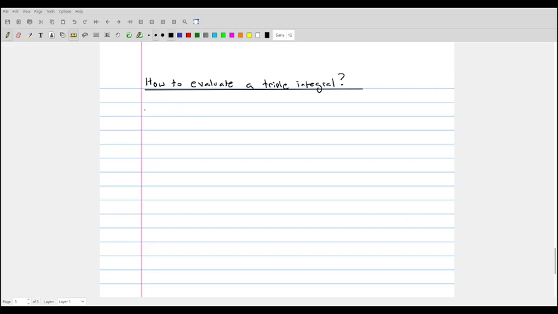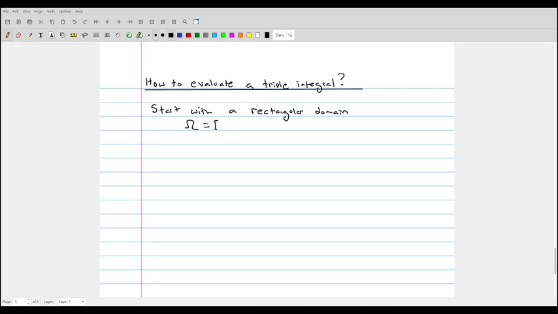So we'll start with a rectangular domain, and the notation for this is very, very similar to our previous notation.